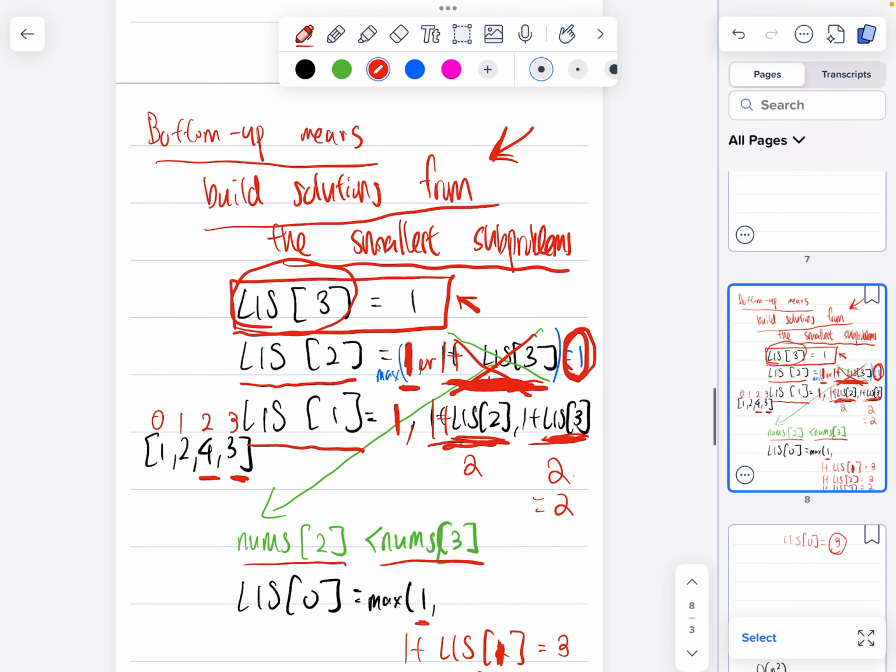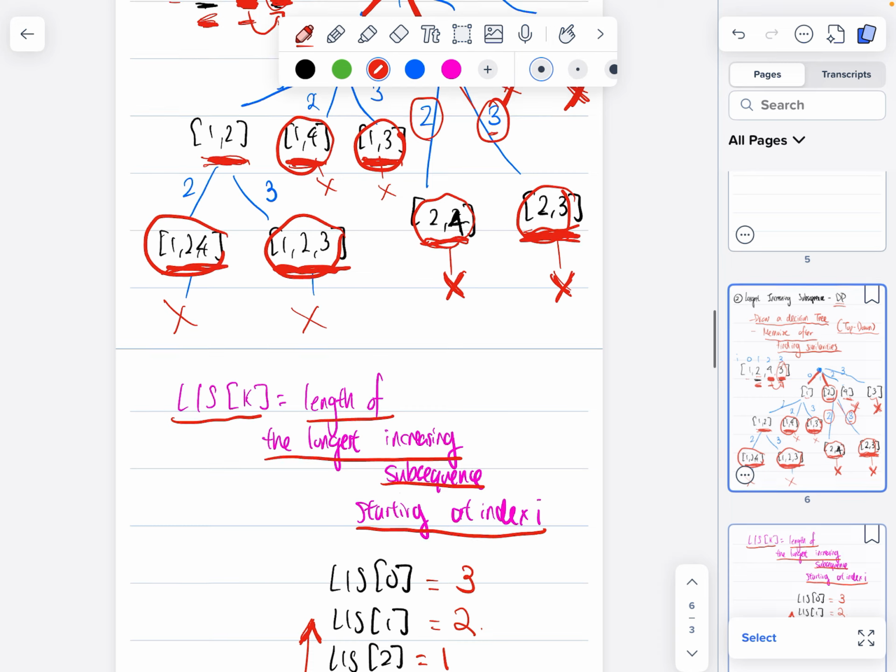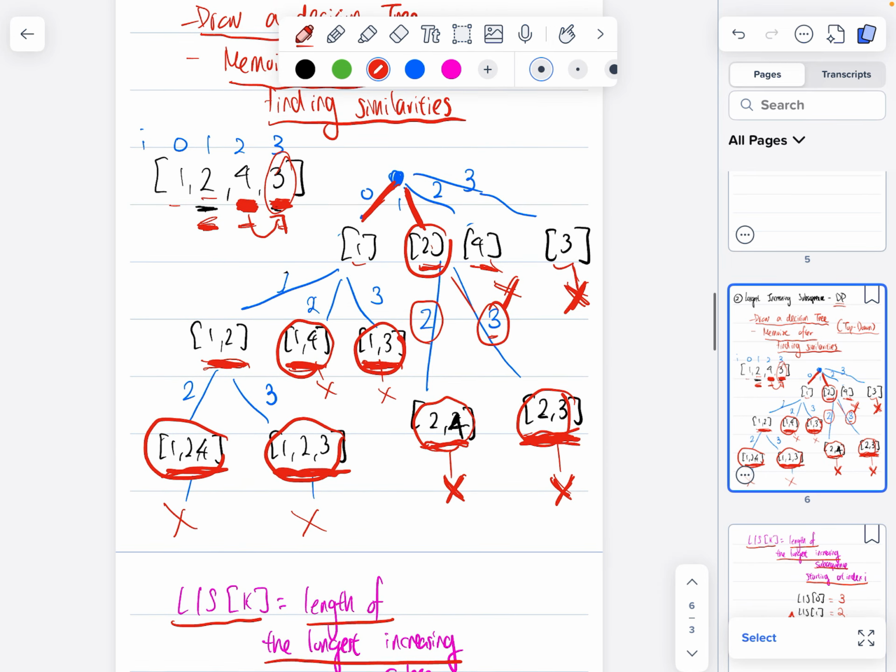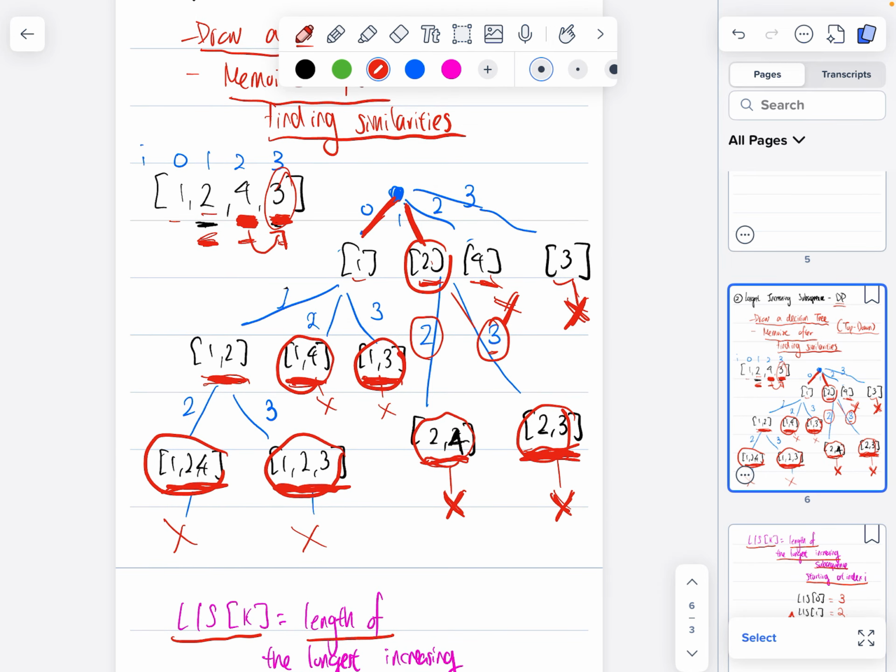The bottom up is the way how you build it. I think this is an idea of how to build the bottom up solution. So basically the intuition is you start from the back, slowly do what you can, and then you find the longest possible subsequence for the last one, and then for this one, and then this one, and then this one. So it slowly adds information. You have to build subproblems.